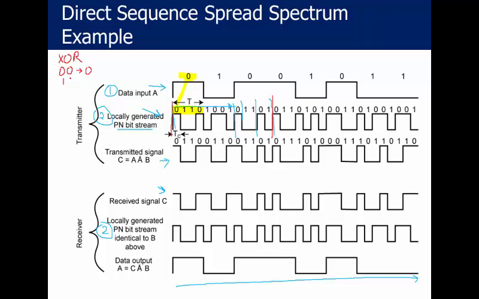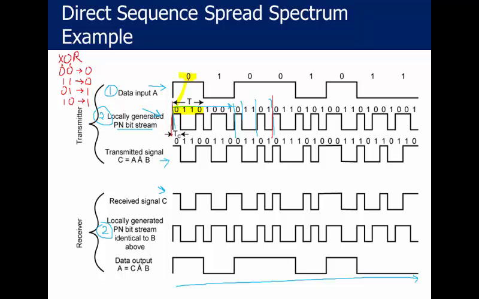If we have 1, 1, it returns 0. If we have a 0 and 1, it returns 1 because they are different. 0 and 1 returns 1. If we have 1 and 0, then it again returns 1 because they are different, right?